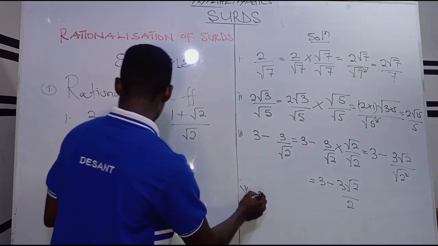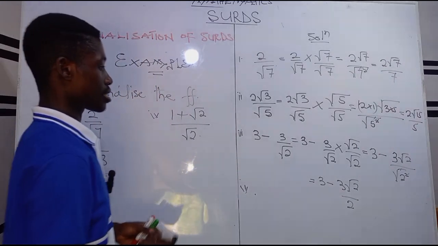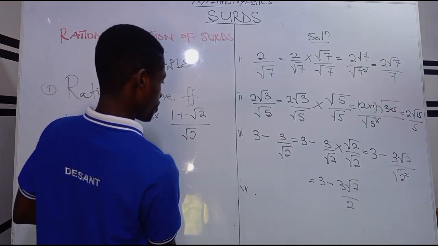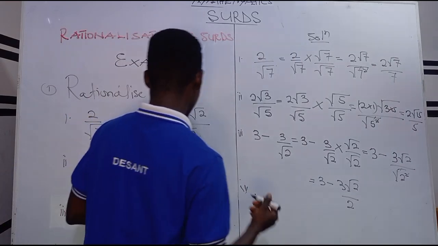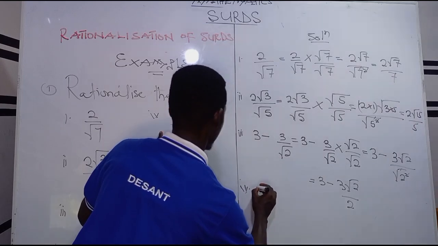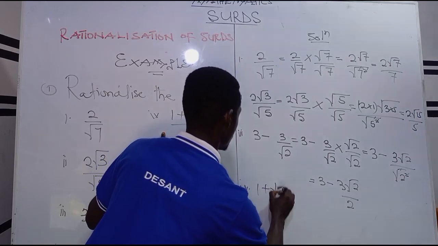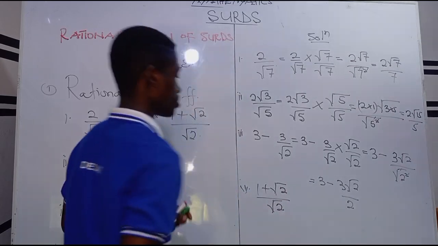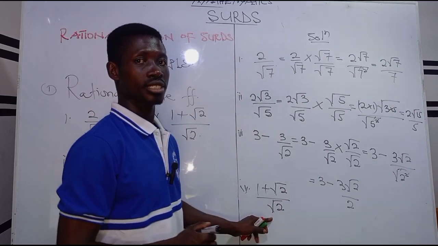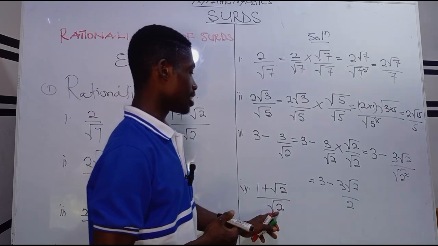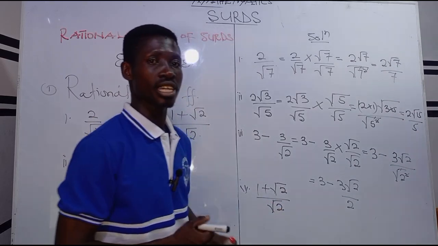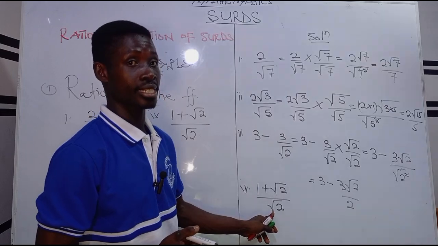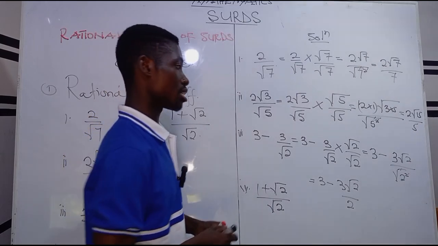Now the last example, we have this. Good. So we have 1 plus root of 2 all over root of what? 2. So we have a fractional set. Our intention is to make the denominator of this fraction a whole number because this one is a set, or an irrational number. Good.